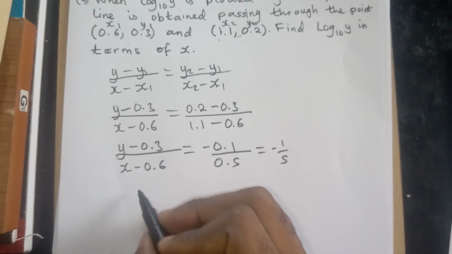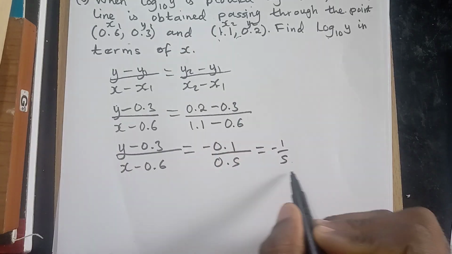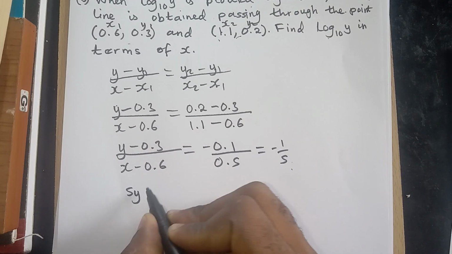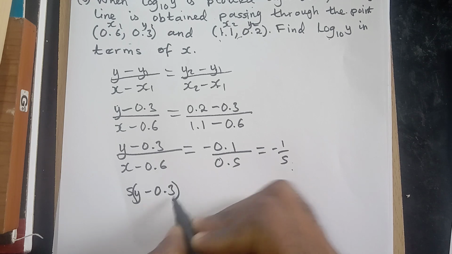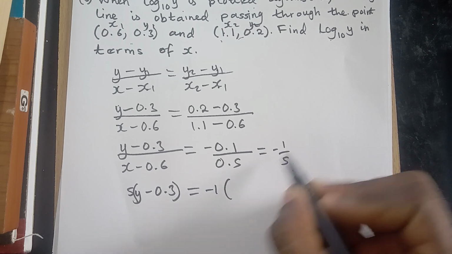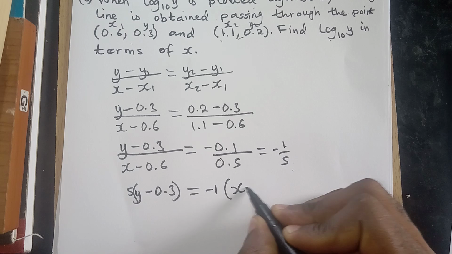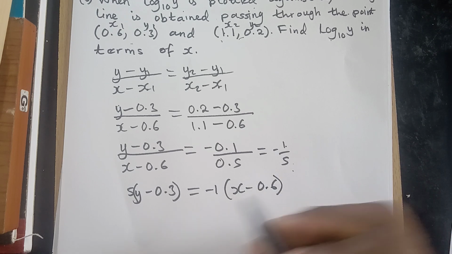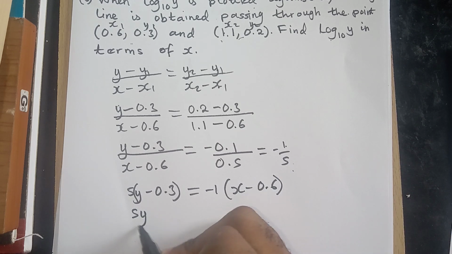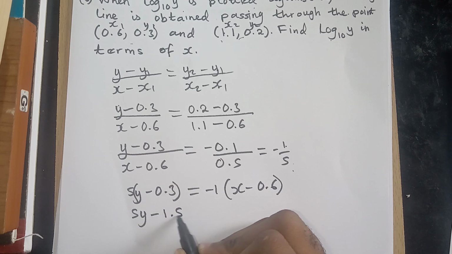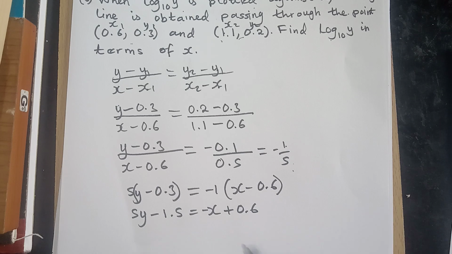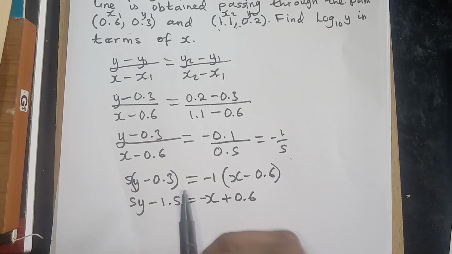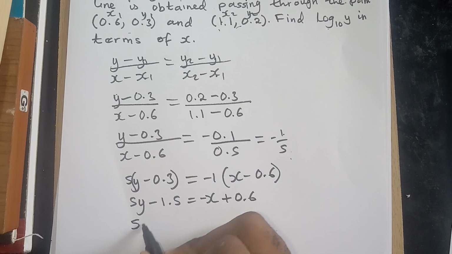So now let's cross multiply. This times this will be 5y minus 0.3, and then negative 1 times x minus 0.6. So let's expand. Negative x plus 0.6.